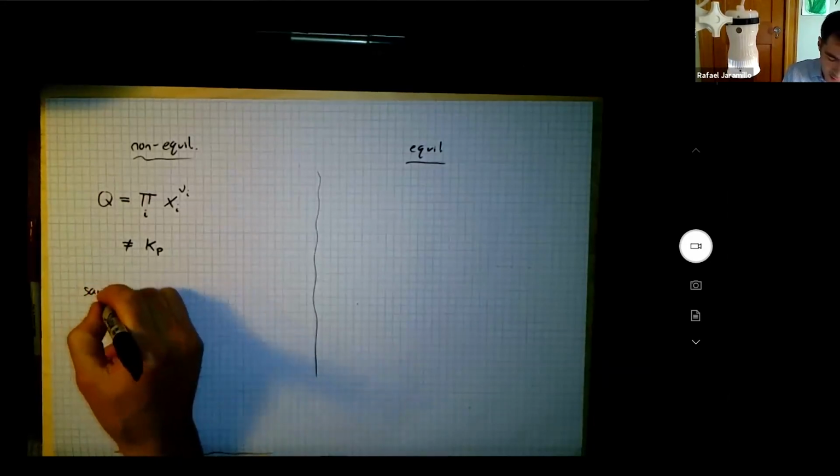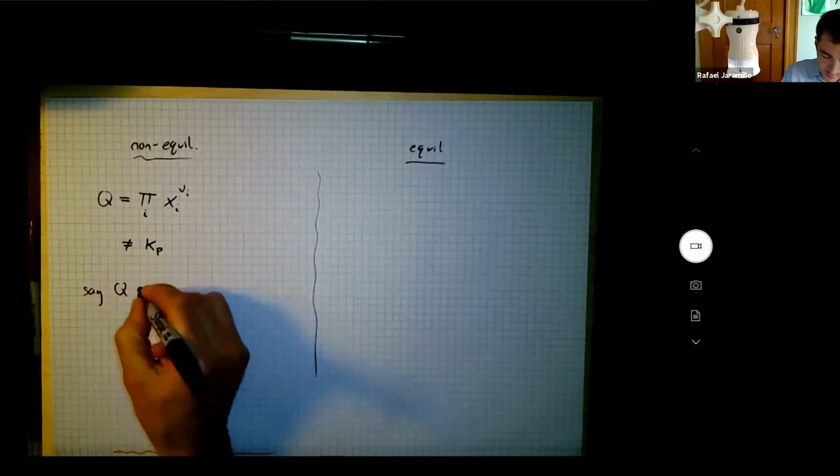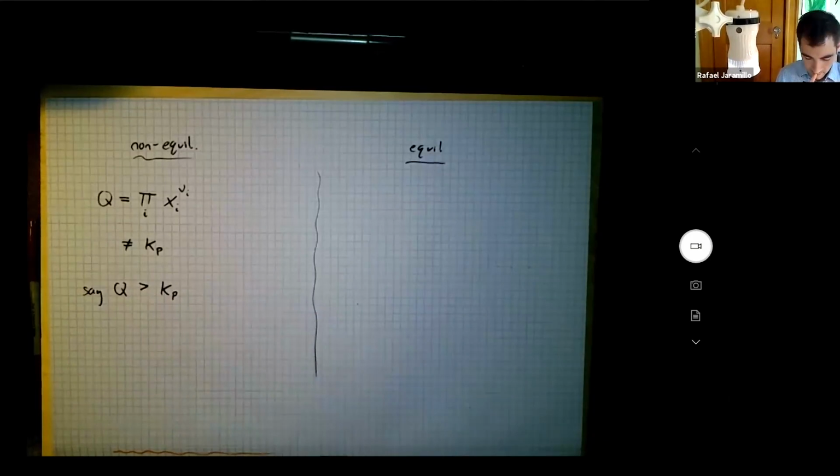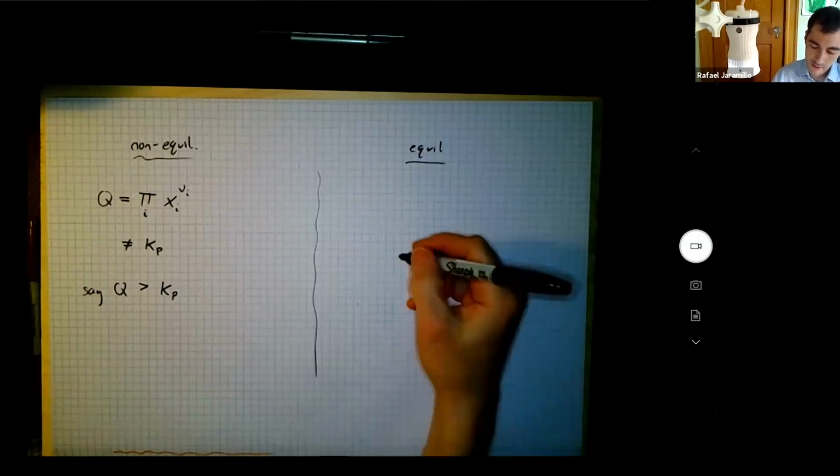Say that Q is greater than K sub P. So the numerator is too large or the denominator is too small relative to equilibrium, right?